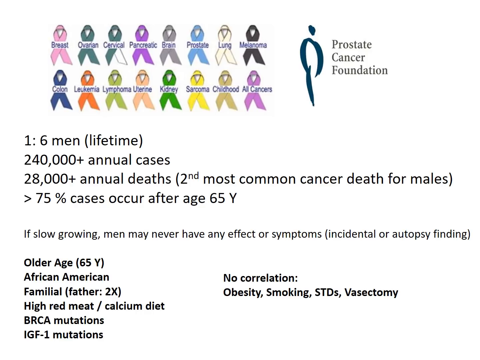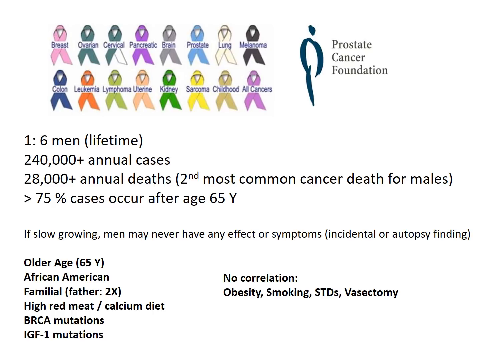Obesity, smoking, sexually transmitted diseases, and vasectomies have not shown any correlation to prostate disease. I know some people say that STDs early in life or a vasectomy early in life can increase the risk of prostate cancer. There has not been a correlation between that and prostate cancer.